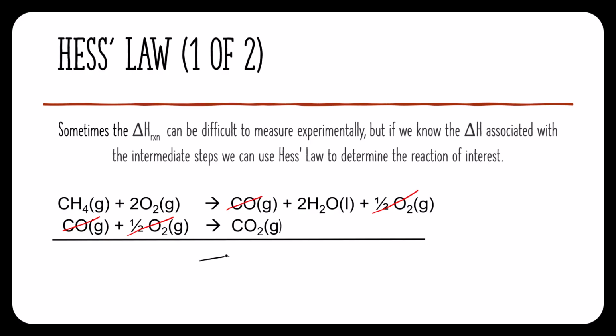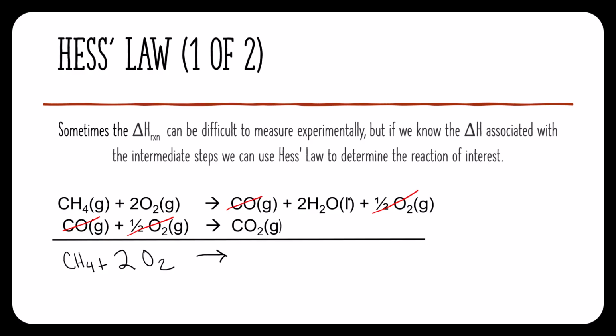And then from there, that was a horrible arrow. From there, I'm just going to bring down anything that's left. So over here on the reactant side, I've got CH4 plus 2 molecules of oxygen, and nothing from the second step because both of those got crossed out.